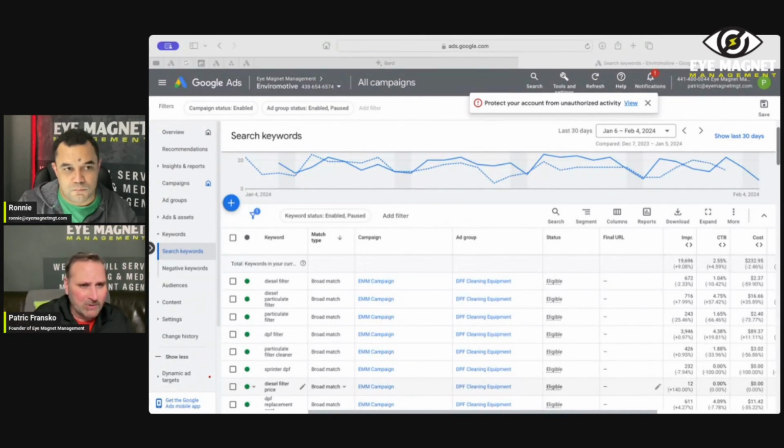Does that make sense? Versus a broad match. So they may have their settings such that they're willing to really pay a decent amount of money for a click because it's an exact match of what they're looking for. Where with a broad match, you might have your maximum bid at a lower rate because you might be showing your ads to people that are on the periphery of what is relevant or not.